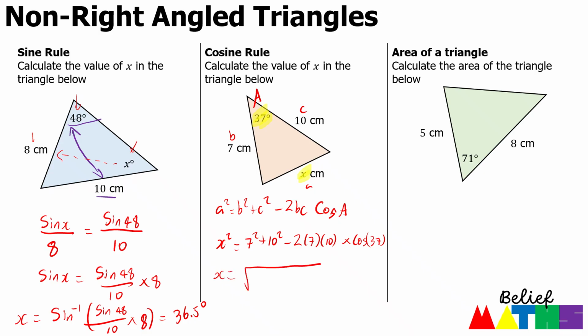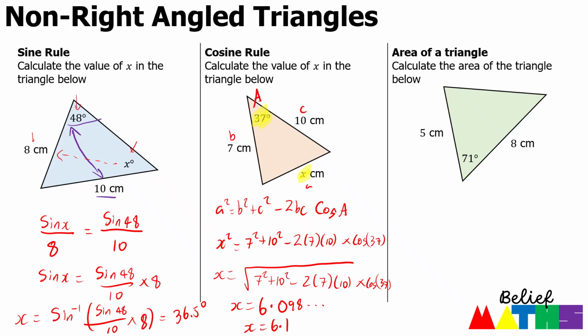We're just going to now find the square root of this. x equals the square root of 7 squared plus 10 squared minus 2 times 7 times 10 times the cosine of 37 degrees, and again, put all that into your calculator in one go. And that should give you an answer of 6.098, etc. So we're just going to say x equals 6.1.